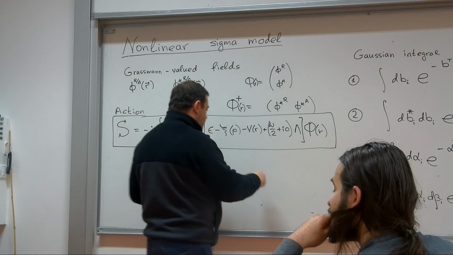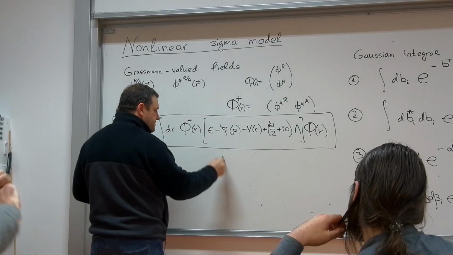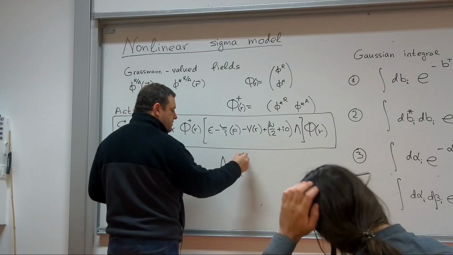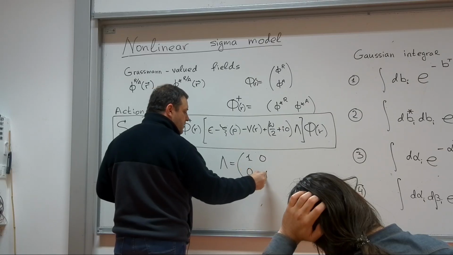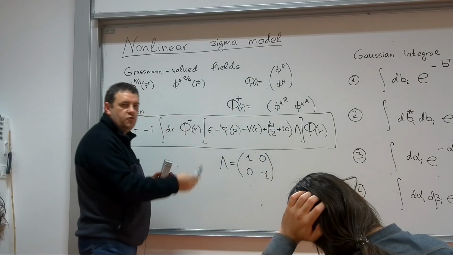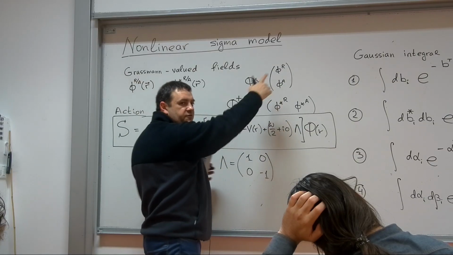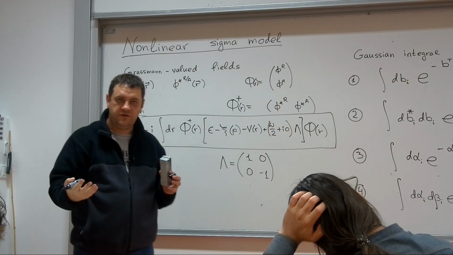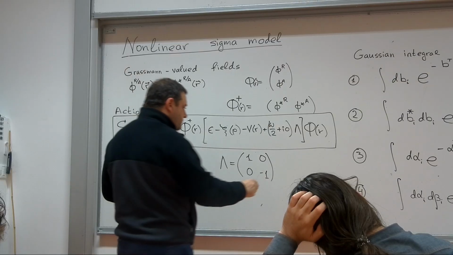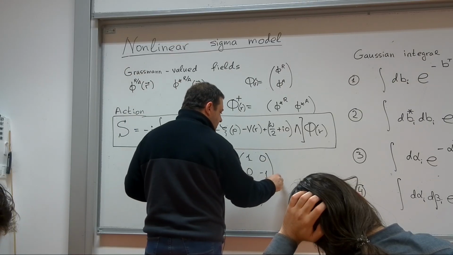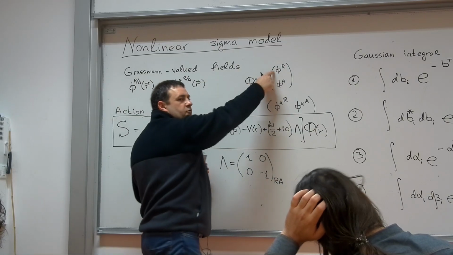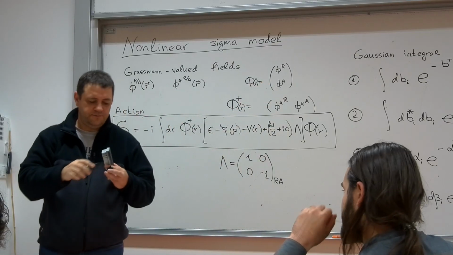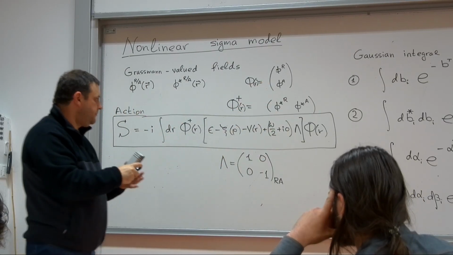And this lambda is a matrix. It's a 2 by 2 matrix, which has a very simple form. It takes the value 1 for retarded fields and minus 1 for advanced fields. So it's called the matrix in the retarded advanced space, in this two-component space where I have my vectors.